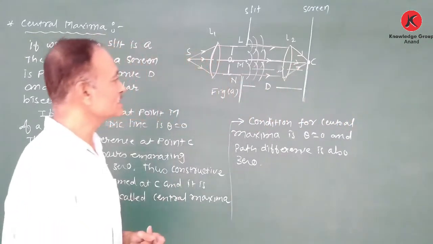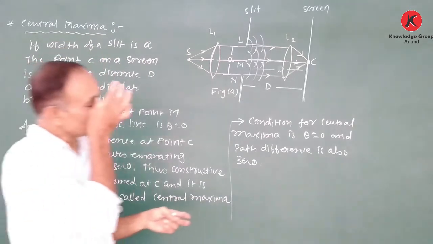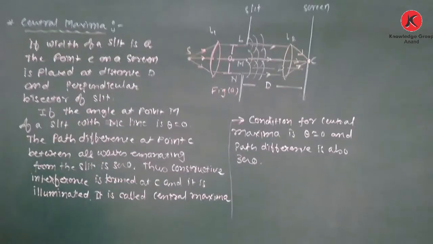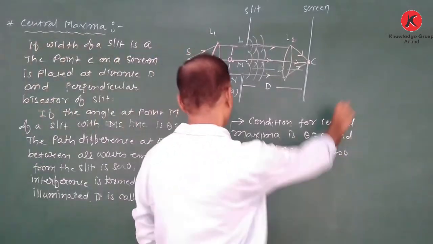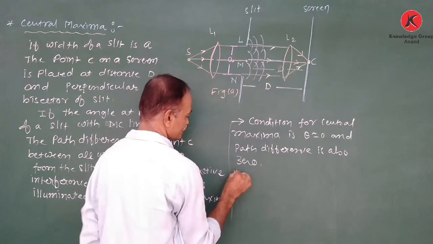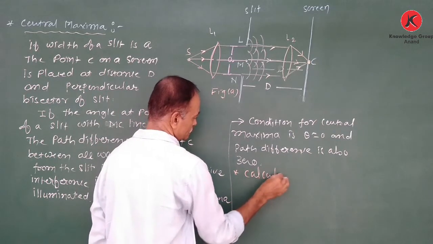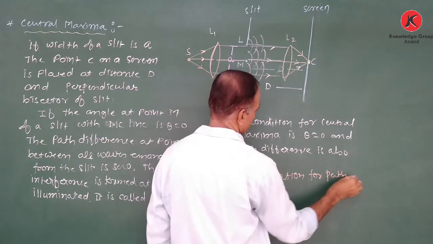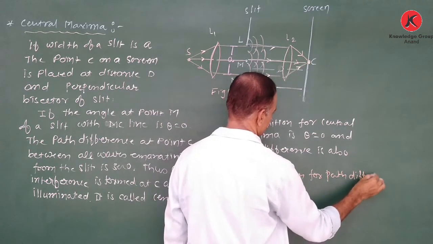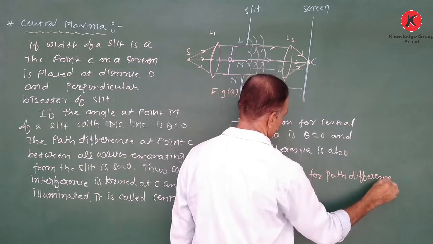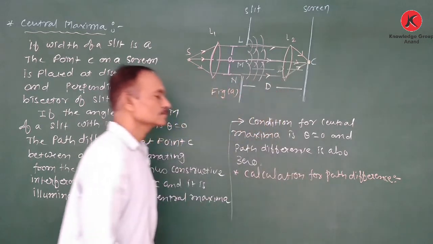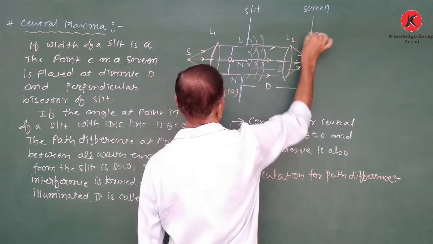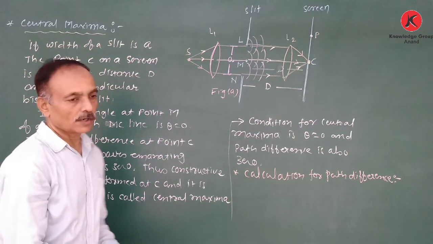So that is our discussion for central maxima. Now we are going to discuss the equation for the path difference at any point on the screen. For that purpose, the calculation of path difference. Here we consider the point P. So what happens here?